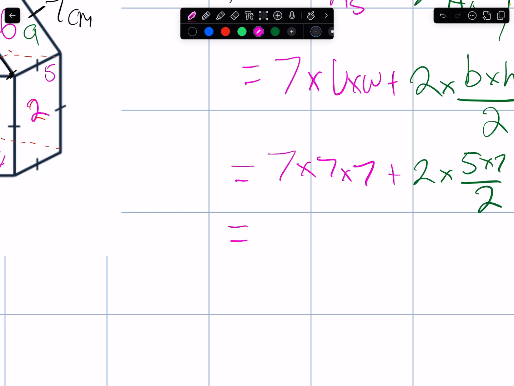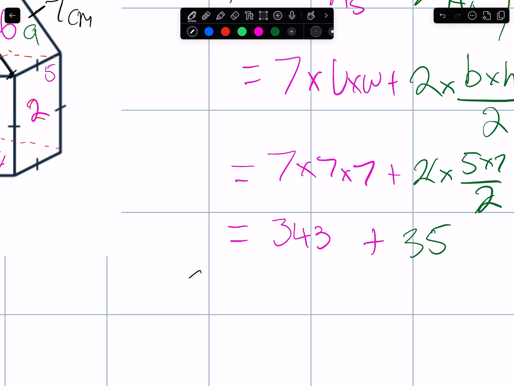which is 7 times 7 is 49, times 7 is 343. Let's have a look. Yeah, nailed it. Plus 2 times 5 times 7 divided by 2 is just 35, because this and this cancel, and 5 times 7 is 35.